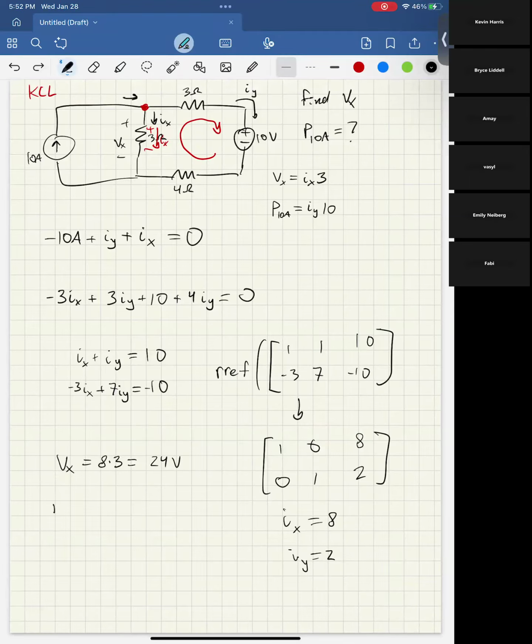And then likewise, we have the power of the 10 amp source is going to be 2 times... I messed something up. Wait, what did I do? Oh, wait, it was the 10 amp source, not the... sorry. This whole time I was looking at this.